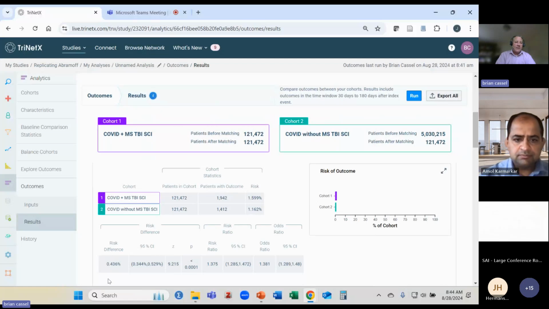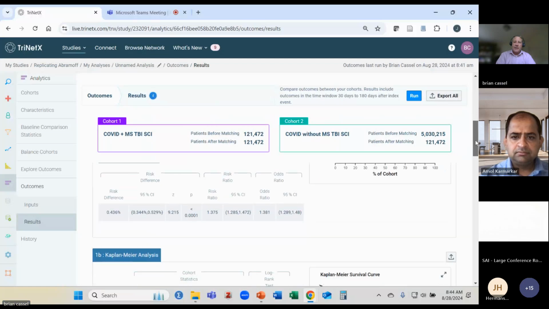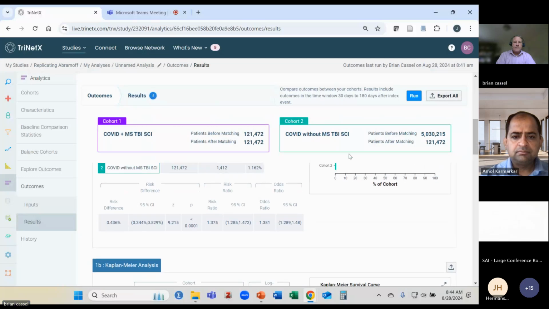The risk difference is 0.44%. The z-score is high for that risk difference, and the p-value is very small. Sorry if these are small and hard to see on your various screens. And my risk ratio is 1.4, and the confidence interval around that does not cross 1.0.